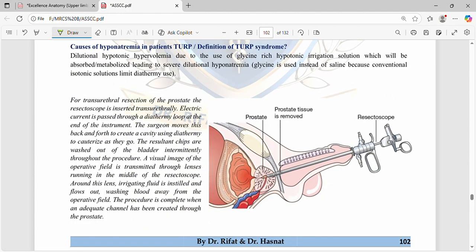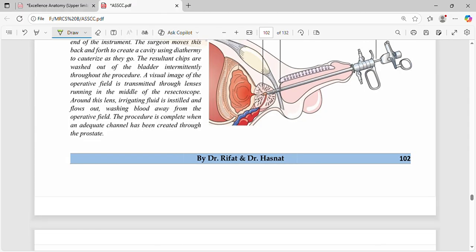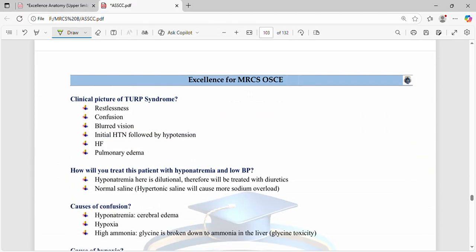So now we have the clinical picture of TURP: restlessness, confusion, blurred vision, initial hypertension followed by hypotension, heart failure, and pulmonary edema. So this will be the clinical picture of the TURP syndrome.